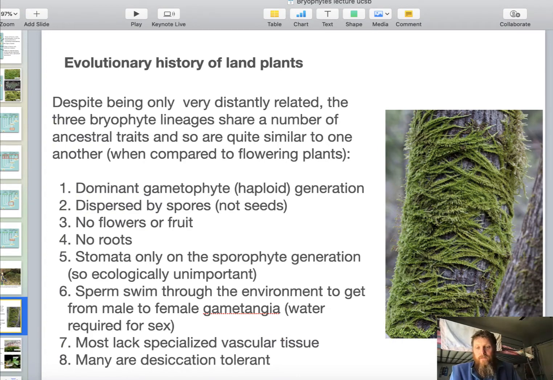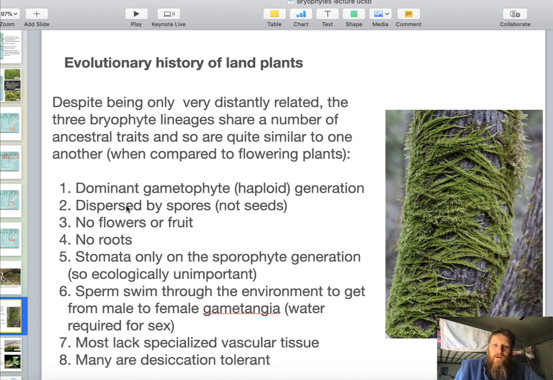So in general, even though the bryophytes comprise these three different lineages, we tend to think of them ecologically and sometimes even evolutionarily as a group. That's because they maintain a number of not synapomorphies, but shared characteristics that relate to their ancient ancestry. These are shared by all the bryophytes, and they're different from flowering plants, and in some cases even from all of the other quote-unquote vascular plants.